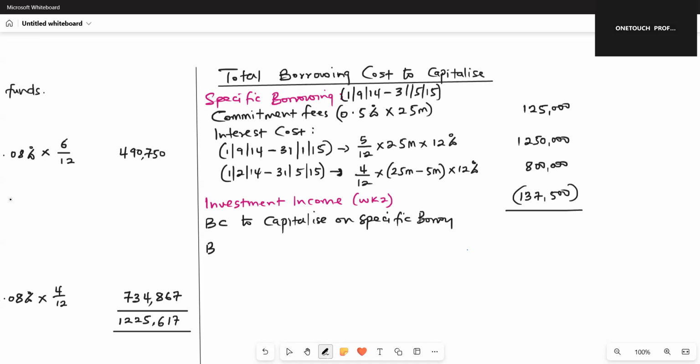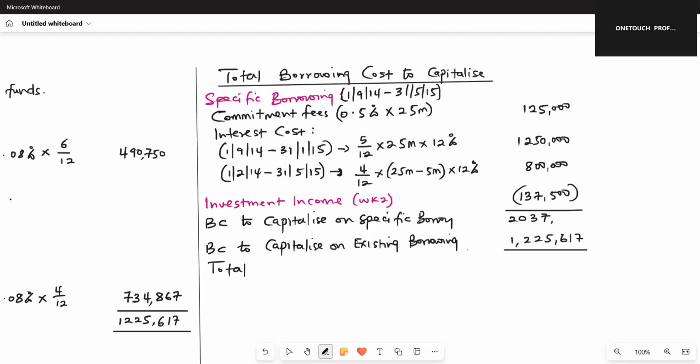Then we just add the borrowing cost to capitalize on the existing borrowing. So we have 1,225,000 and 2,037,500, total borrowing cost. 2,037,500.